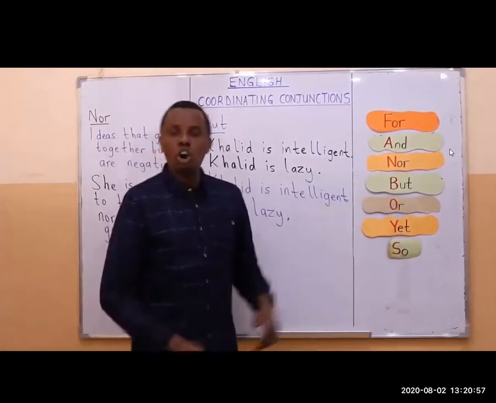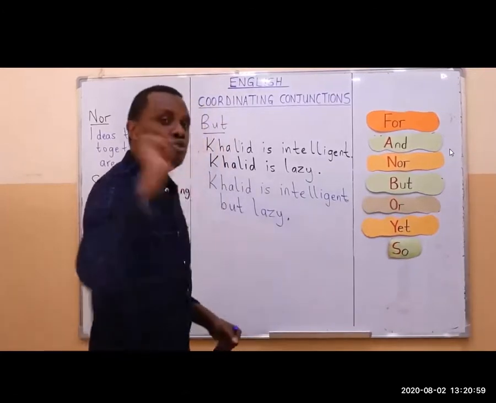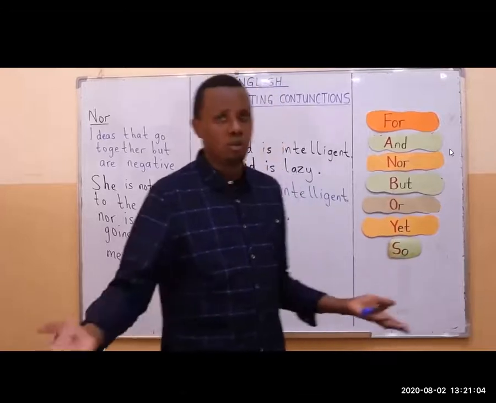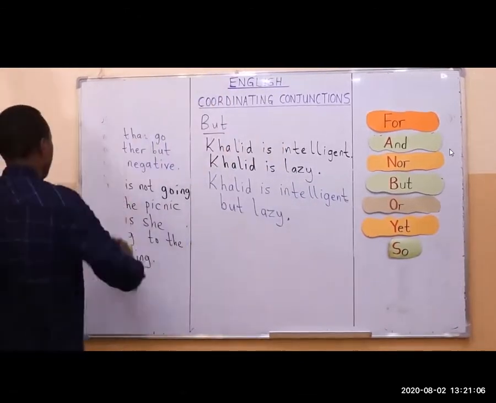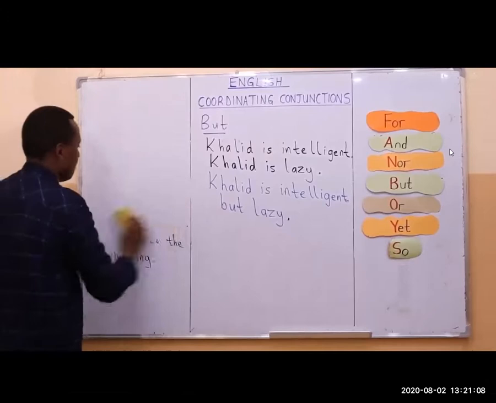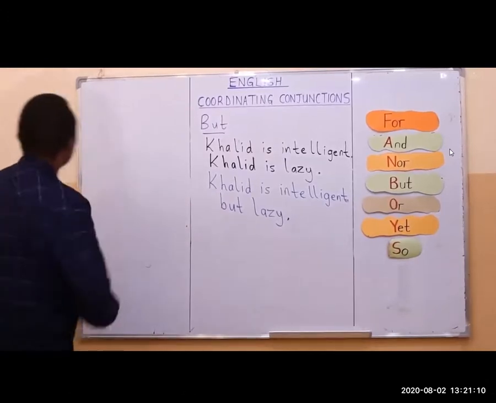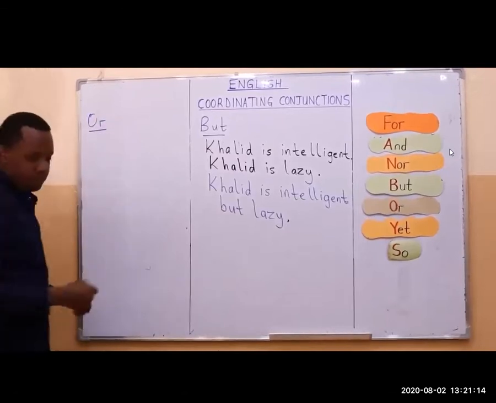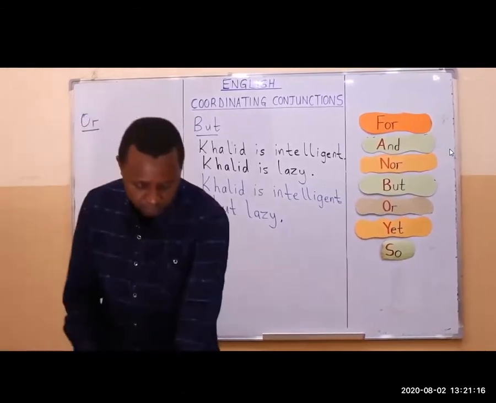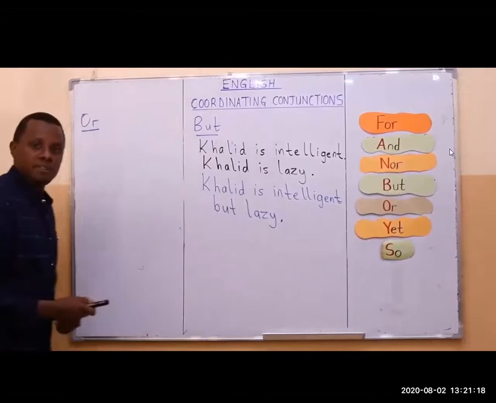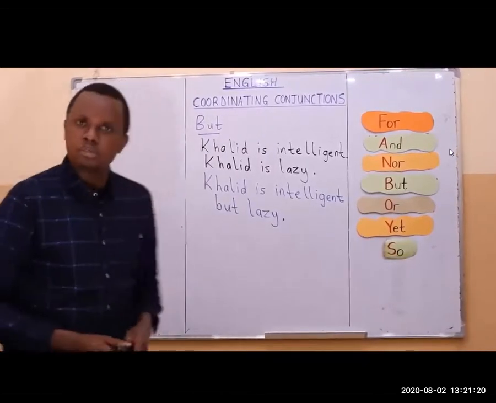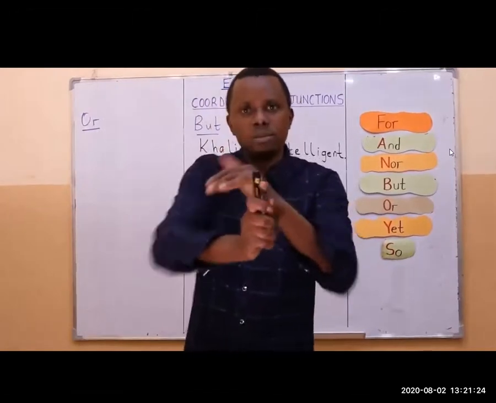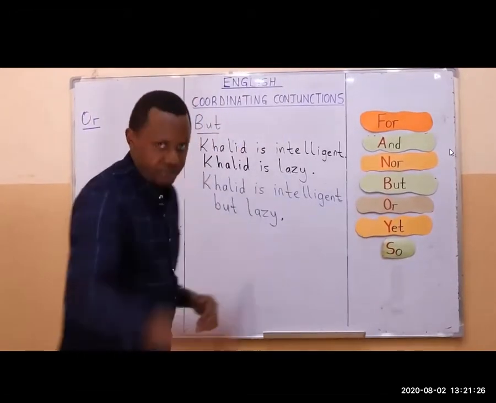Now, then we come to or, and or usually gives you a choice between two things or more. Now look at this. Somebody gives you an option, presents you an option. Do you want pizza or do you want rice?